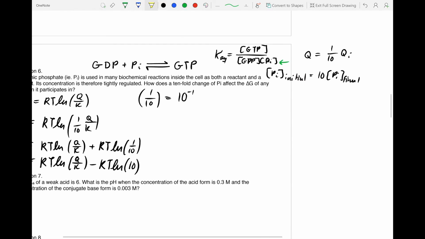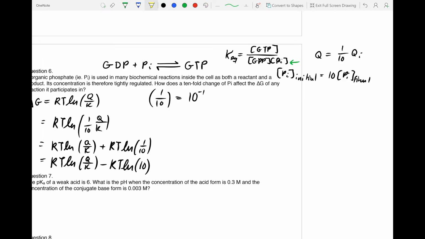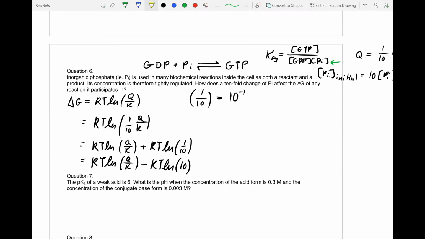So when the concentration of inorganic phosphate as a reactant is increased tenfold, the reaction will now be more favorable. But if you were to do the opposite scenario, where inorganic phosphate is a product, so RT natural log, and instead of 1 over 10, we're going to have 10 Q over K. We're going to do the same where we break it apart by properties of log.